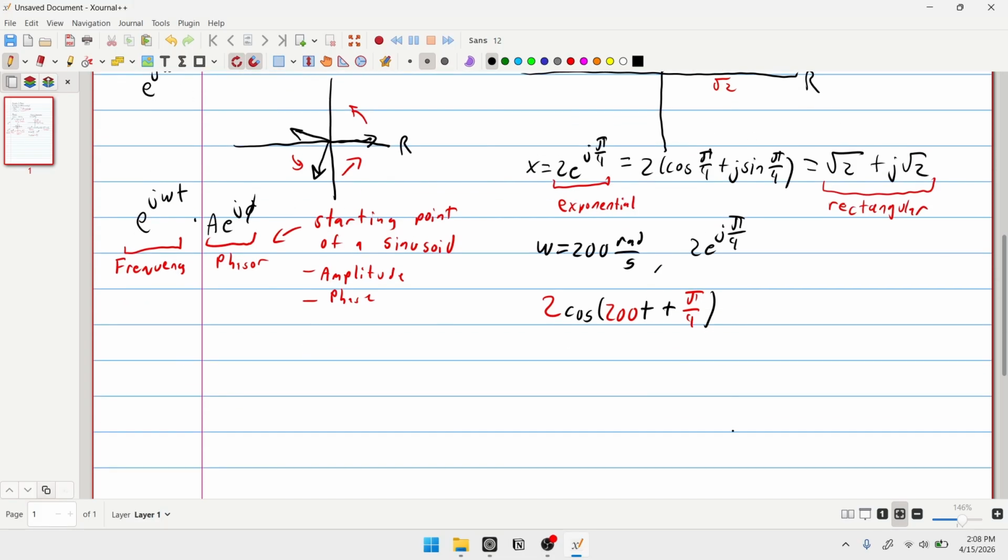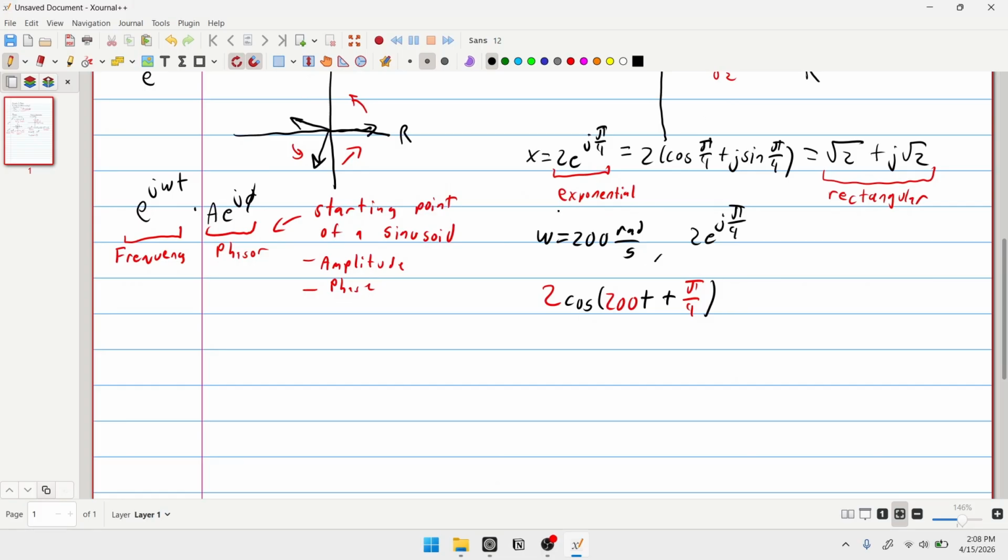I've shown you before two forms, the exponential and the rectangular. But we also have, let me write them all out, that exponential form. We also have this form, you might see. This part is dictating the amplitude, and this part is dictating the phase.